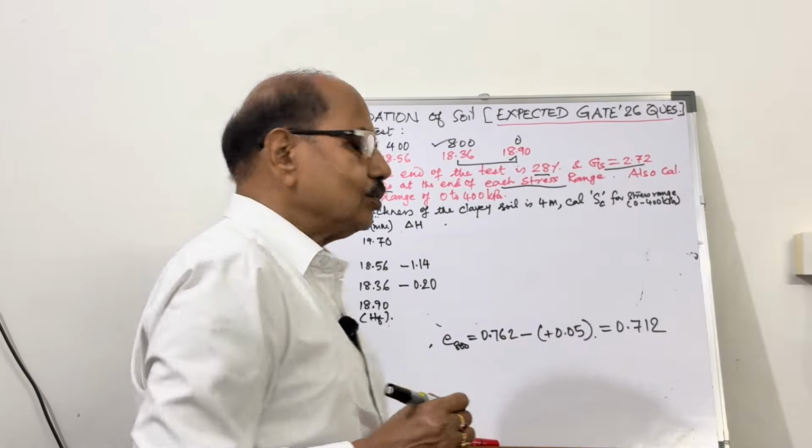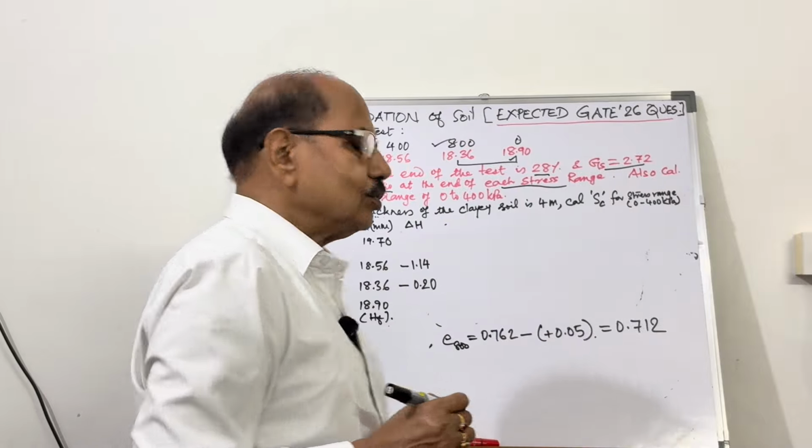So this becomes 0.712. So how you can calculate the void ratio at the end of each pressure range is quite simple now.